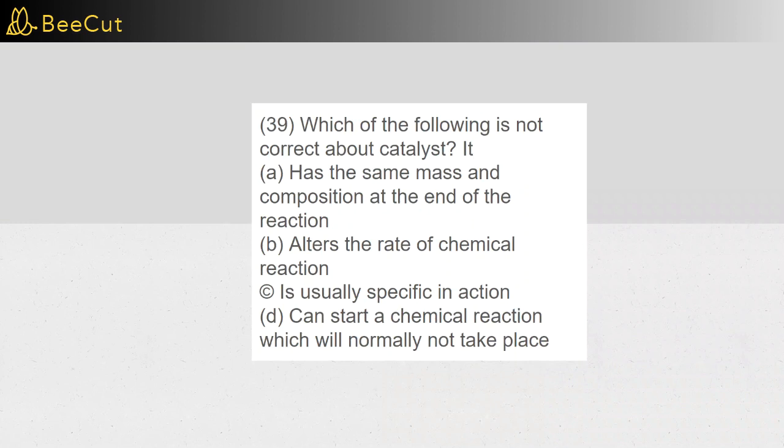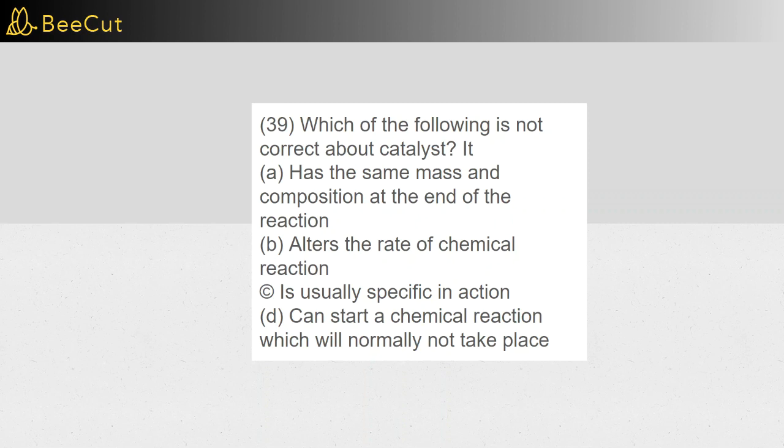Number 39. Which of the following is not correct about catalyst? A, has the same mass and composition at the end of the reaction. B, alters the rate of chemical reaction. C, is usually specific in action. D, can start a chemical reaction which will normally not take place.